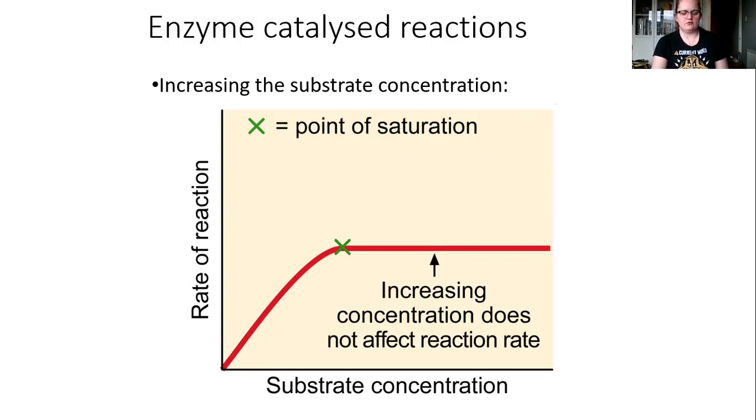Once your amount of substrate matches your amount of enzymes, you're eventually going to get to a point where our rate of reaction can't get any quicker because we have no free active sites. All the enzymes are being used at the moment, so our rate of reaction cannot increase any quicker. So a point of saturation is when all our enzymes are being used and we're having to wait for an enzyme to be free for the next substrate to come in and be used. That is what would be happening at that point of saturation.